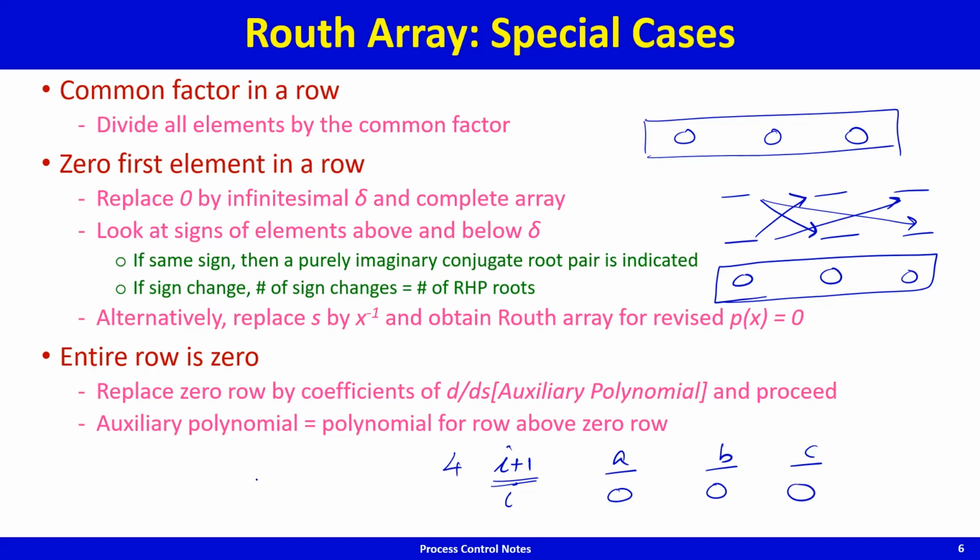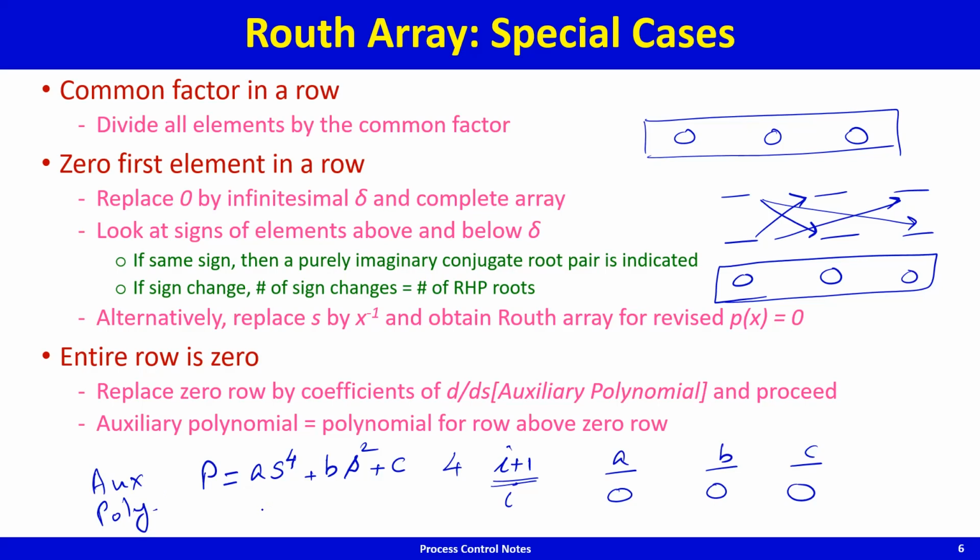Then you prepare what is called the auxiliary polynomial corresponding to the row above the 0 row. So the auxiliary polynomial p is equal to A times s to the power 4 plus B times s square plus C times s to the power 0, which is essentially C. This is the auxiliary polynomial.